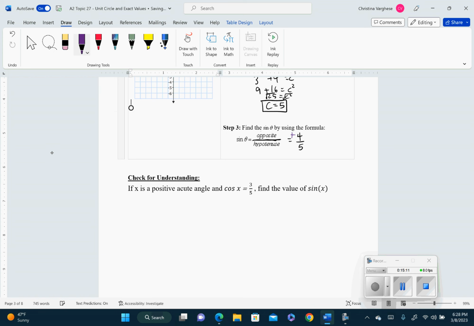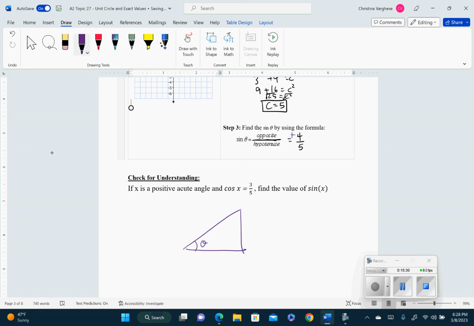So this one is a positive acute angle. So that means that I'm going to draw the angle more so like this. So here's our angle. This is positive acute, and they're giving us a couple of pieces of information, right? So cosine of x is equal to 3 over 5.